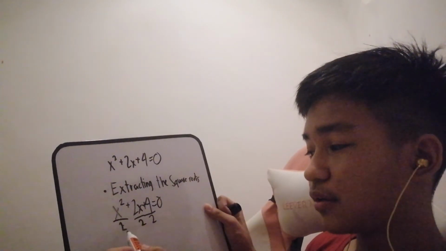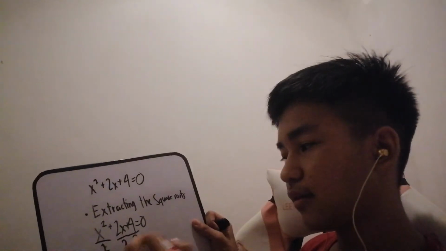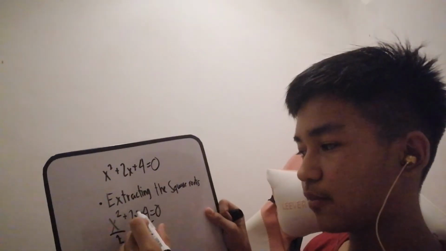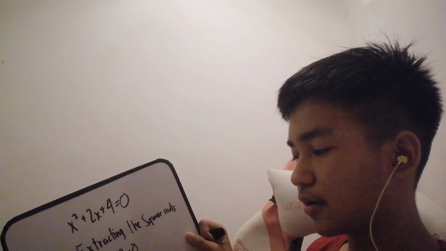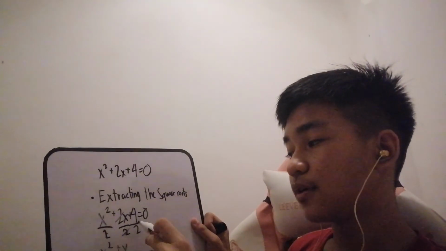x squared over 2 is x squared plus 2x over 2. Since they are both the same number, we will just cancel it out. So it will be positive x. And positive 4 over 2 is 2, equals 0.